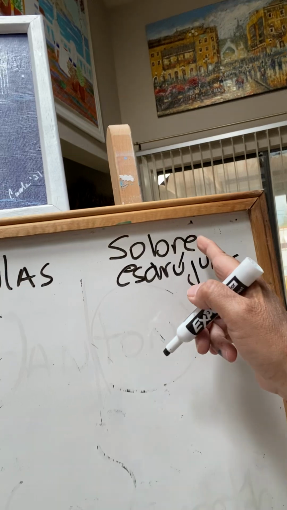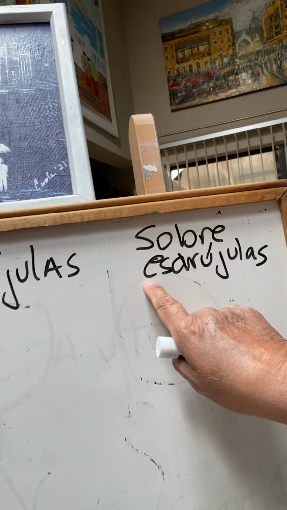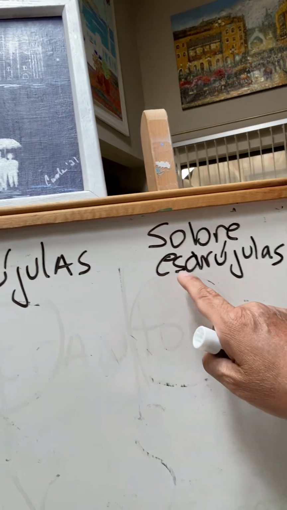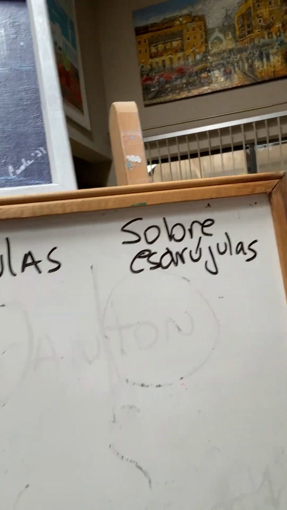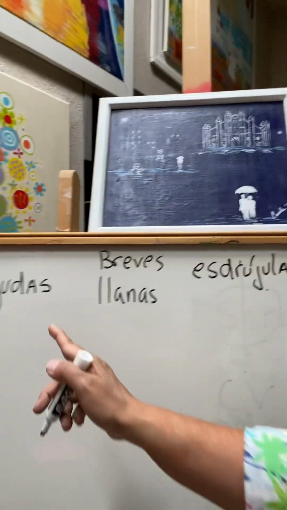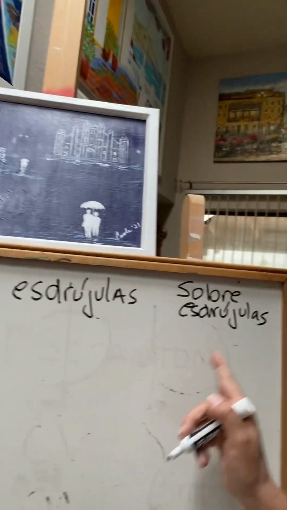This is actually one word and with one E, but because I separated them, I'm adding a new E because this word cannot start with an S. It's only one word, sobresdrújulas. Does that make sense? So we have agudas, breves o llanas, esdrújulas, and sobresdrújulas.